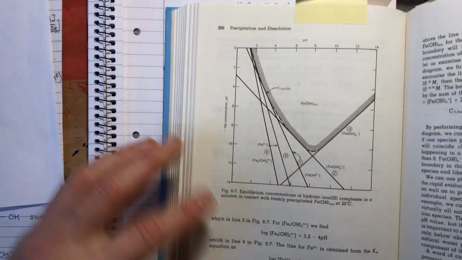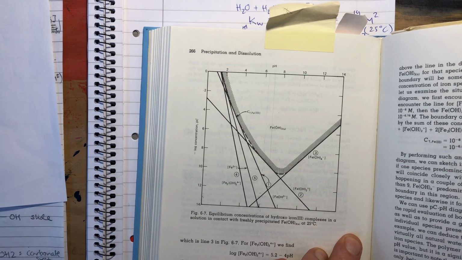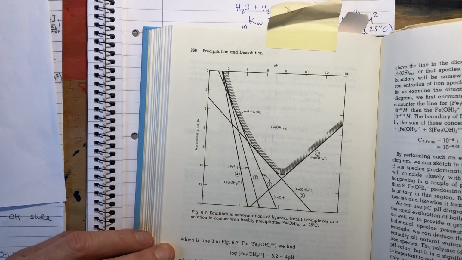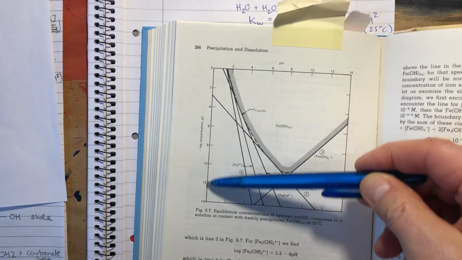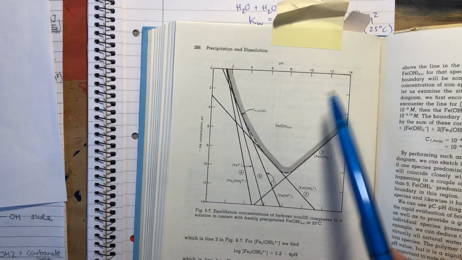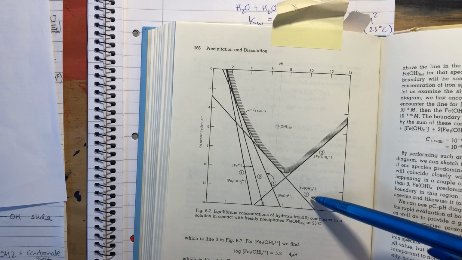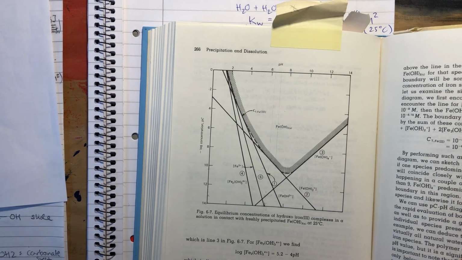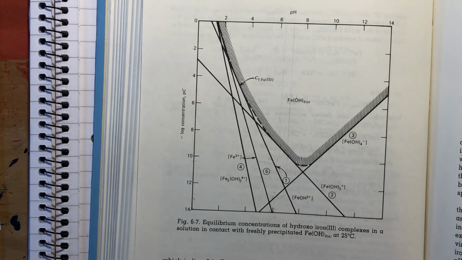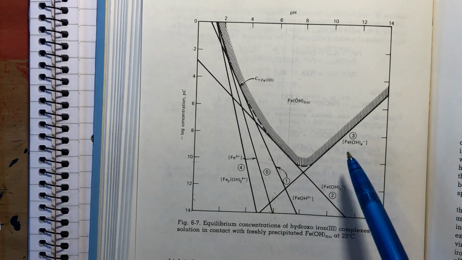And if I do so, I get something like this. This is from this book, Snoeyink and Jenkins' Water Chemistry. And what you can see here is my pC concentration, my pH, and here is the line that I drew representing the iron hydroxide. And I have other ion lines here.